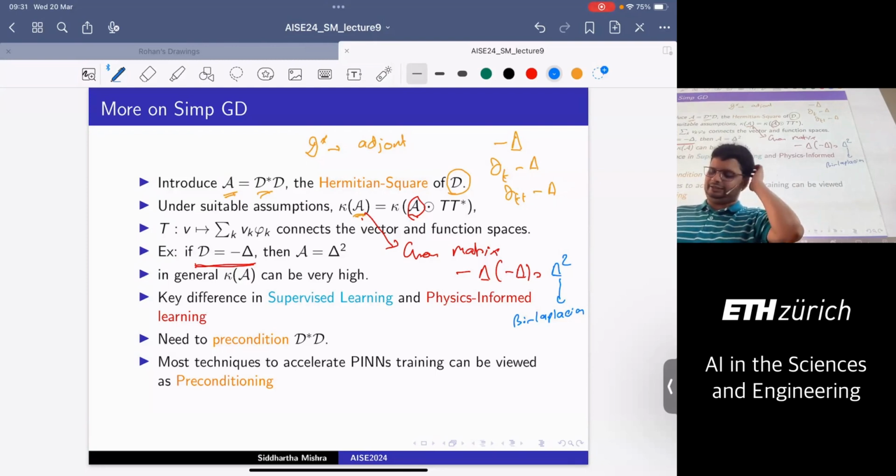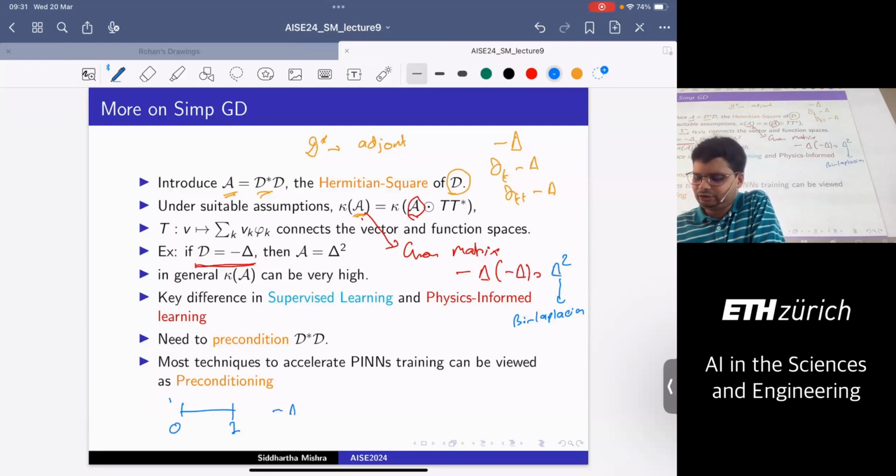And this makes the condition number very, very bad because, okay, this is very easy. So if you take a square, or if you take 0 to 1, okay, let me just give you a little bit of facts here. And you take the minus Laplacian. So the eigenvalues of this, because that's what we are looking for, the eigenvalues of the minus Laplacian are given by essentially k squared, times pi squared.